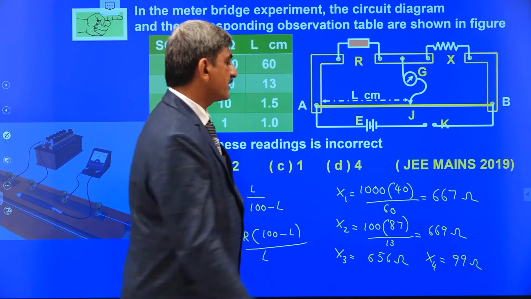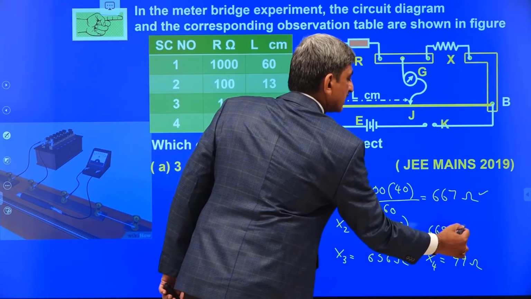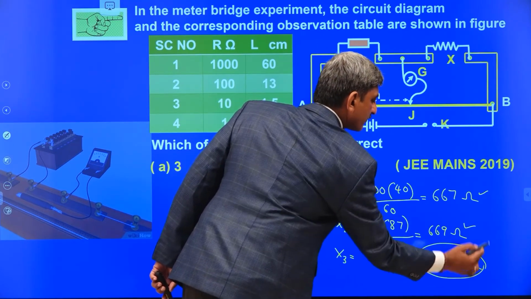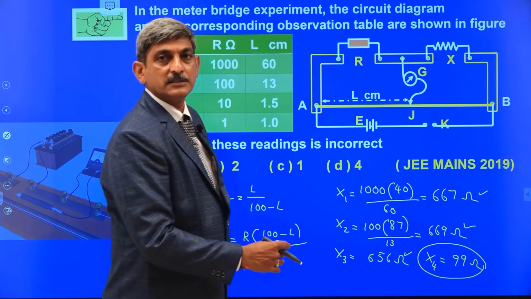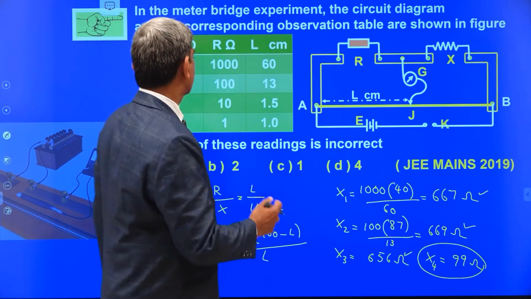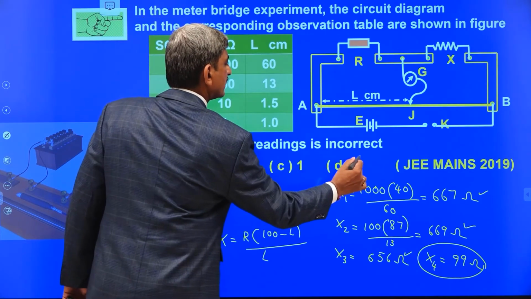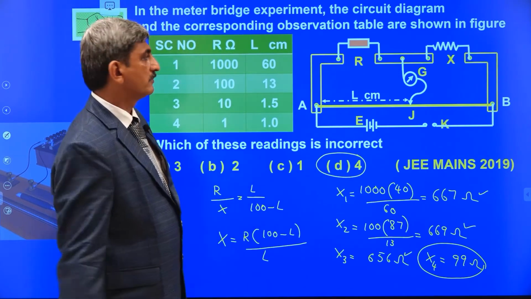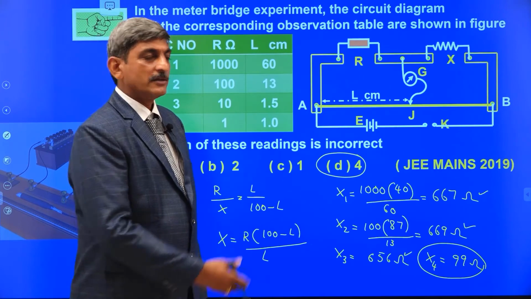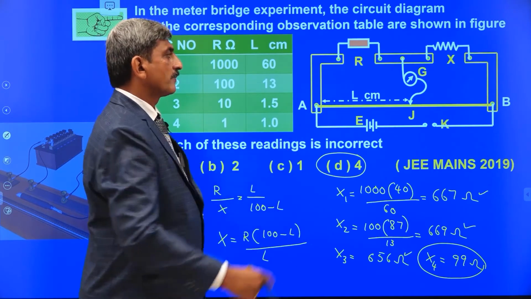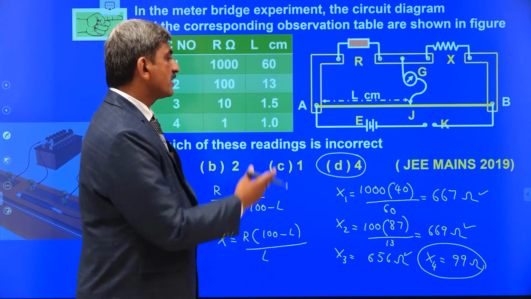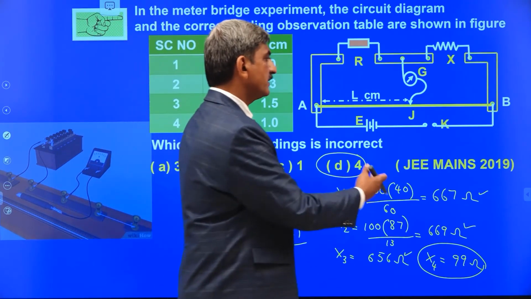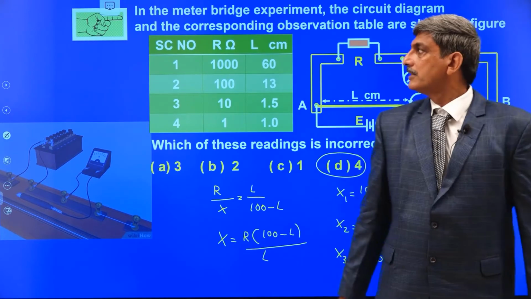If you see the readings, these 3 readings are very close to one another, whereas this one is somewhat inconsistent, so that the 4th one is the incorrect reading in the given tabular form. Okay, so this is the question based on the balancing condition of the meter bridge. Right? Now see another problem.